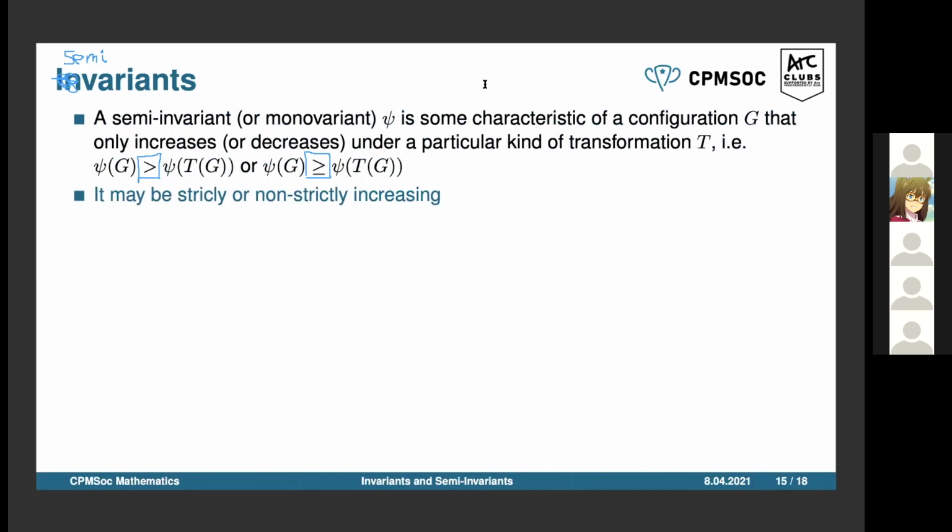So it can be either strictly or non-strictly increasing if you're using the standard ordering on the real numbers.